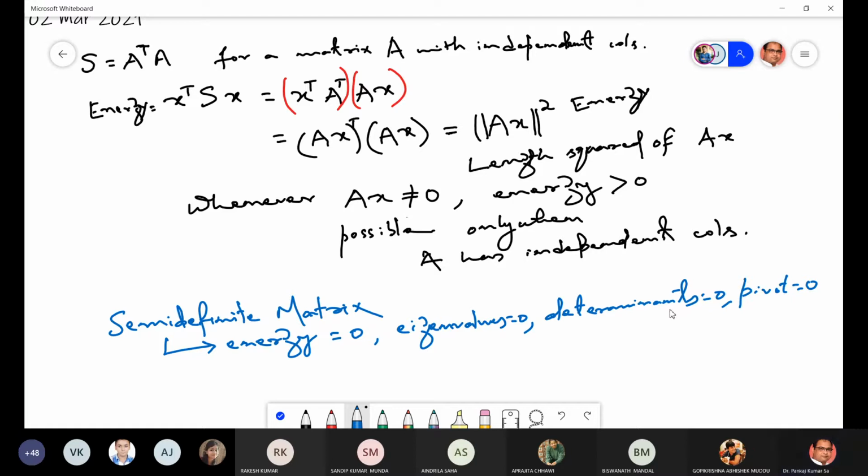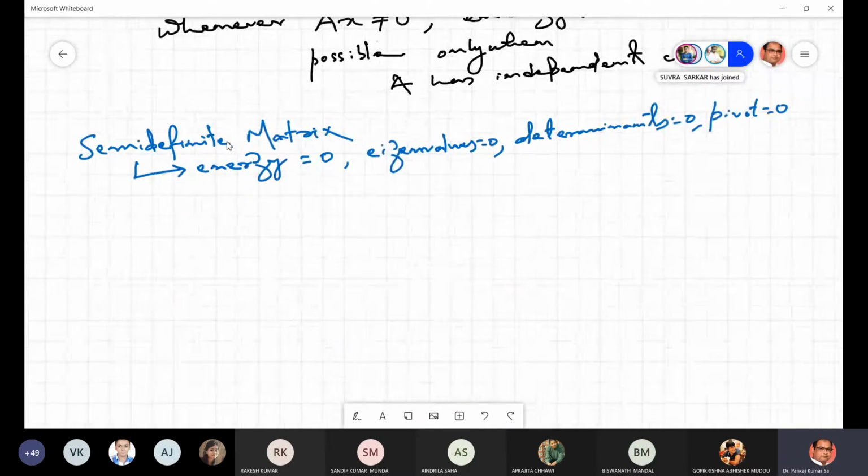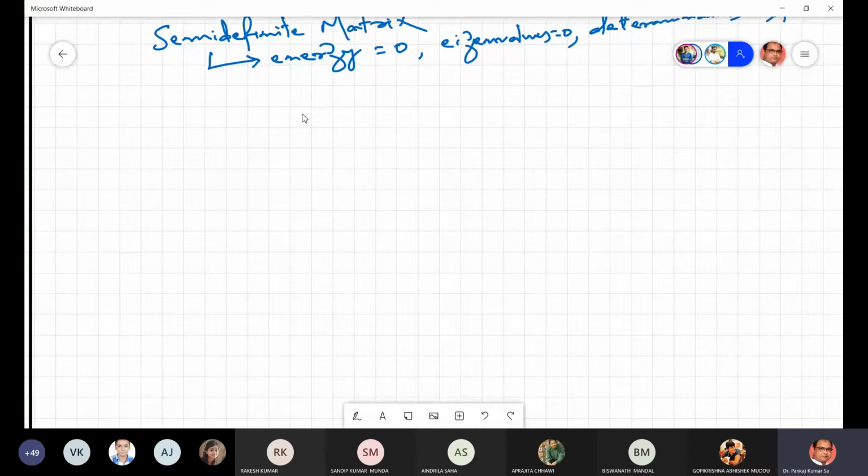So this is the scenario where it is called semi-definite, but we are more interested in definite matrices. Okay. So this is another test that we saw. Let us look at one more test.